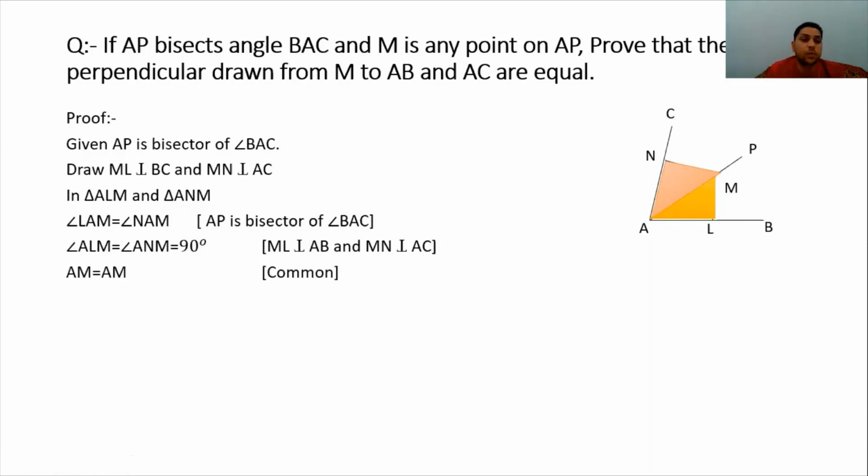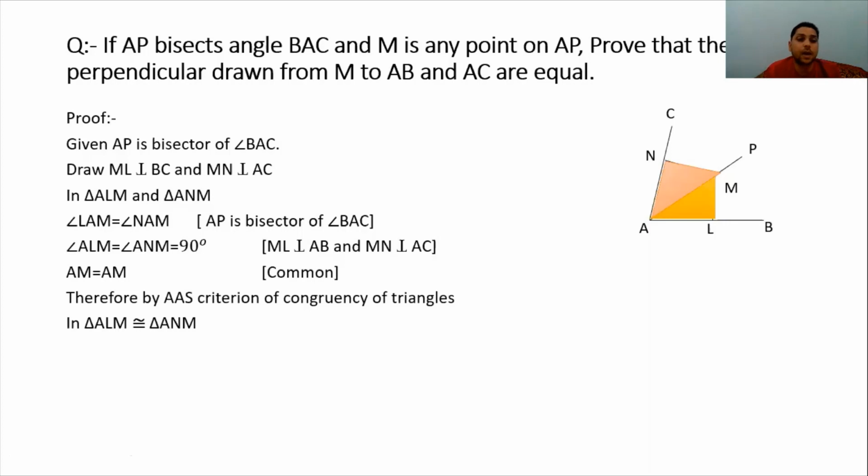Second condition is true. Then we have AM is equal to AM, as these two triangles have a common side AM. So first we proved that one angle is equal in both triangles, then another angle, then we have a common side. By the angle side criteria of congruency of triangles, the two triangles are congruent to each other.